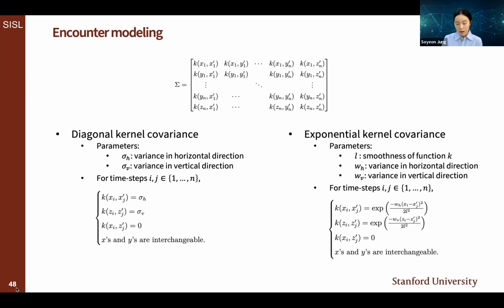For both types, the horizontal elements have no correlations with the vertical elements. The difference is that for the diagonal covariance, all horizontal elements share the same value, and all vertical elements also share the same value. On the other hand, for the exponential kernel covariance, each element can take different values because it is computed by the difference between its 2 input values.